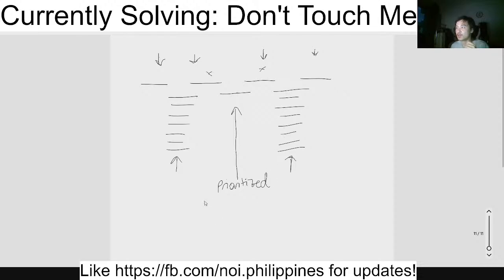So if you do that, the answer is 3. But what's the optimal solution here? Well, the optimal solution is to pick these 4 guys. And even though they have the largest number of conflicts, it's okay.